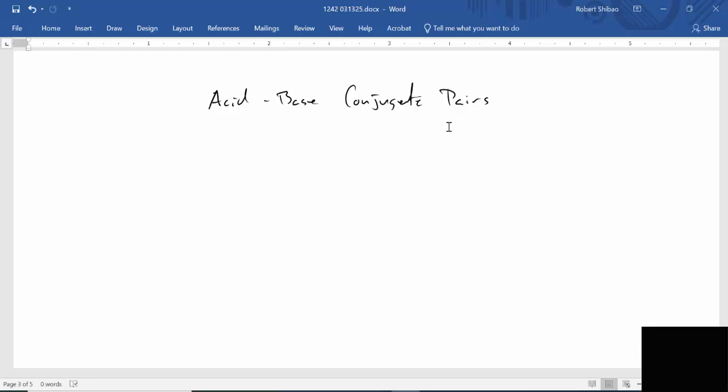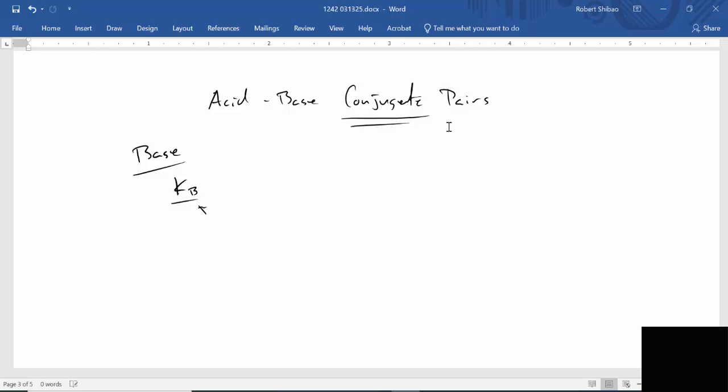Well, the bases and the base strength are going to be related by the conjugate relationship here. And so what I have for bases is Kb.